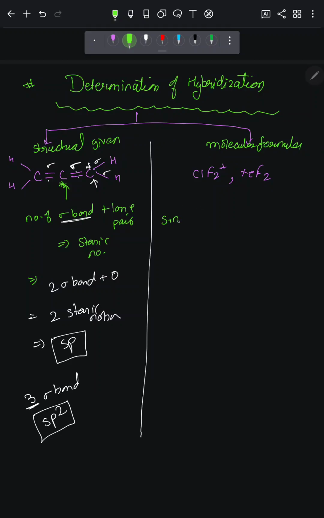Steric number is equal to 1 upon 2 of the valence electrons of the particular atom plus the number of monovalent atoms, minus cation plus anion. So this is the formula for calculating hybridization here. Let's take an example first and it will be clearer.